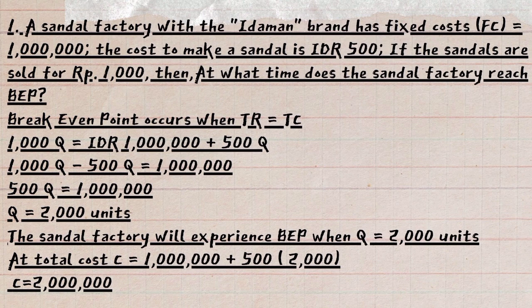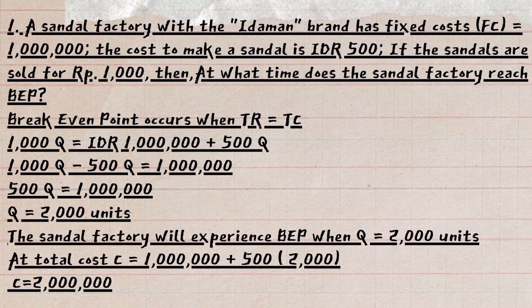Break-even point occurs when TR is TC. 1000 K is 1 million plus 500 K. 1000 K minus 500 K is 1 million. 500 K is 1 million. So K is 2000 units.